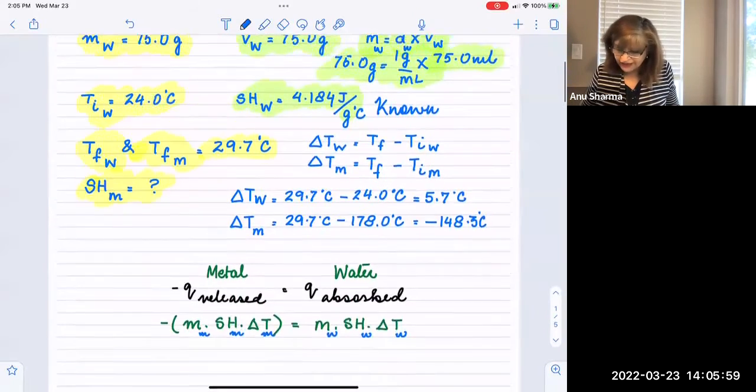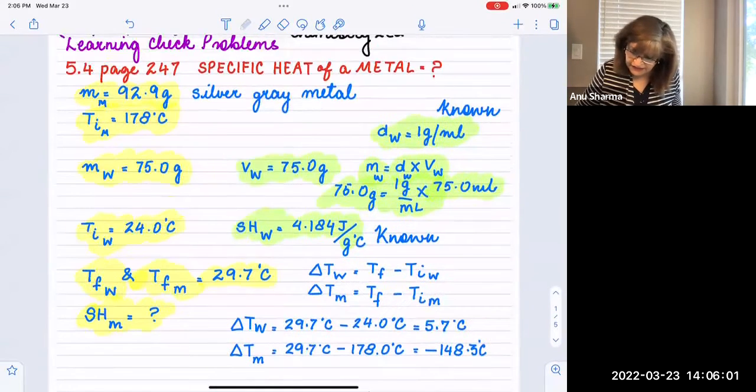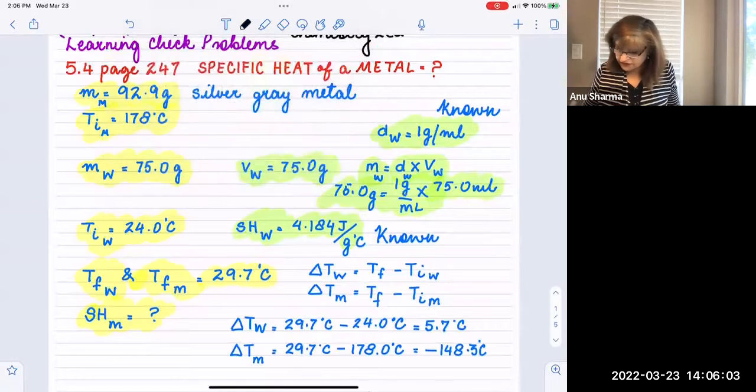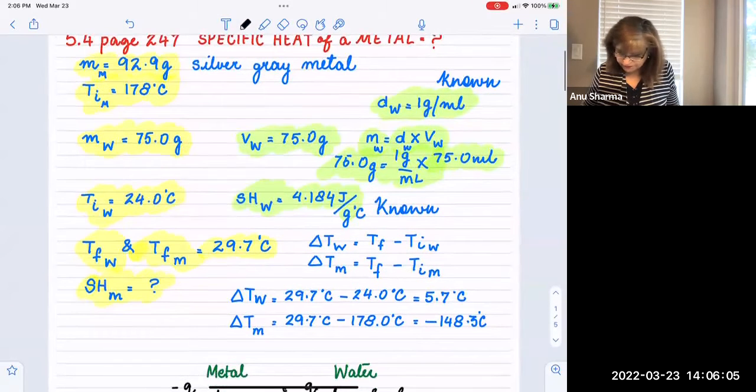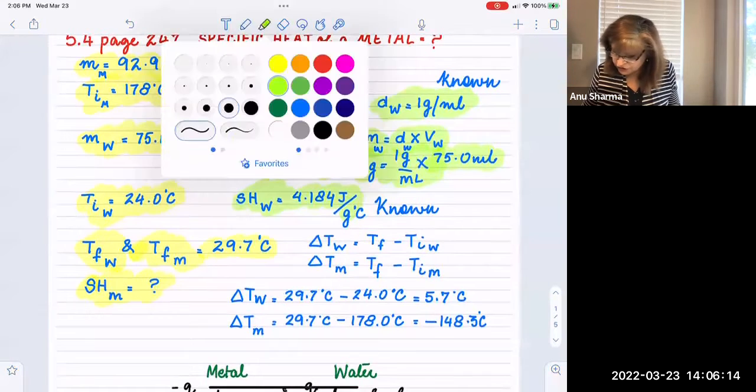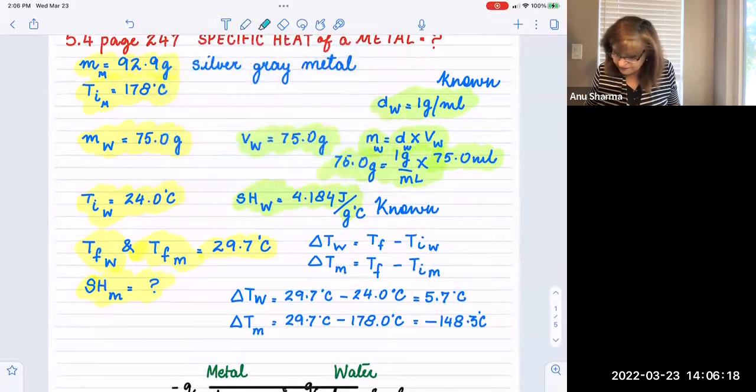So you're going to use that. Now, another thing is the change in the temperature. The change in the temperature of water and the change in the temperature of the metal.